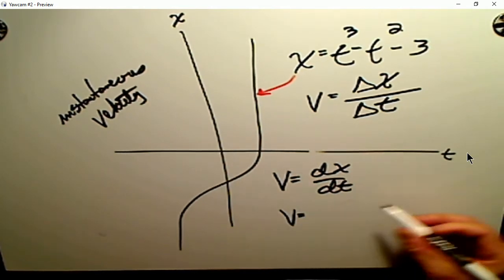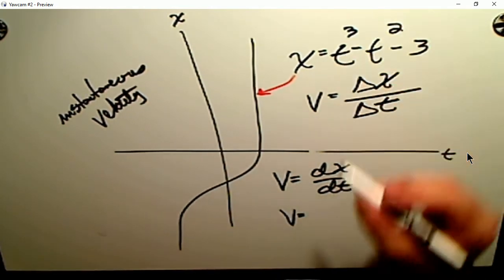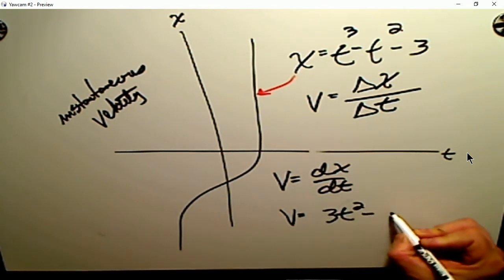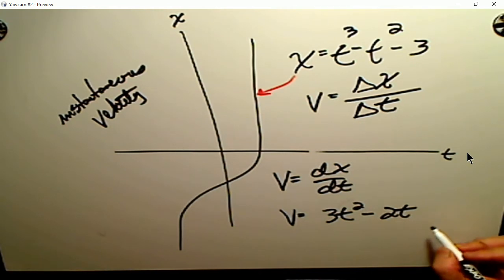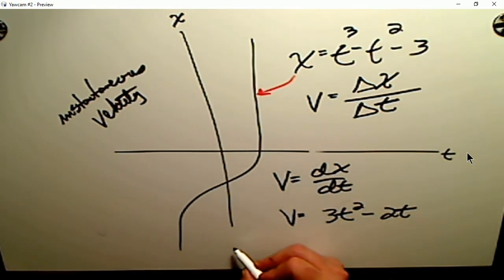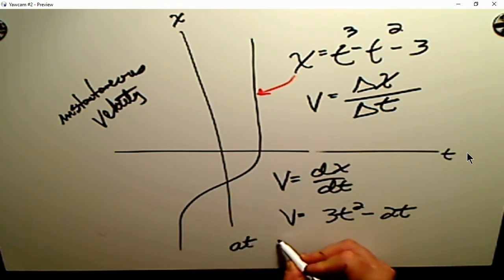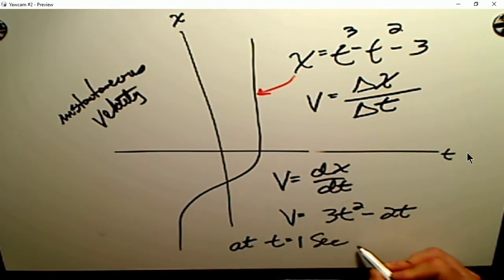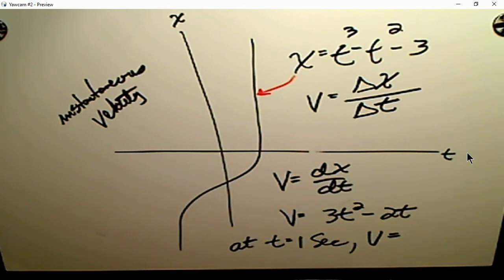Velocity is equal to the first derivative of that equation, which would be 3t squared minus 2t. And then we can ask the question, at any time, let's say t equals 1 second, velocity is equal to what? Well, what is velocity at t equal 1 second?